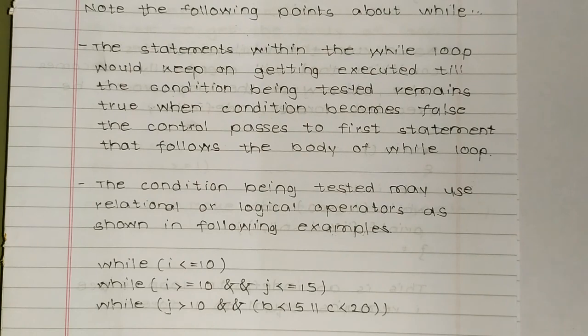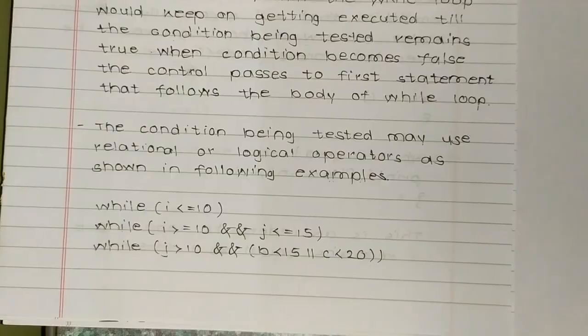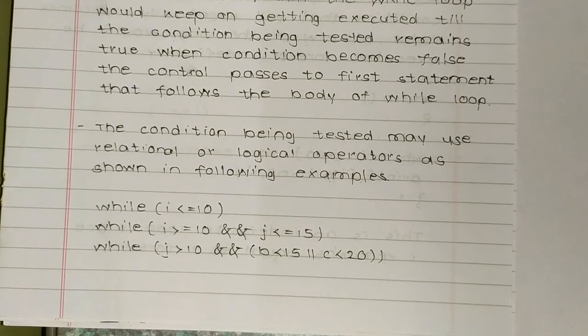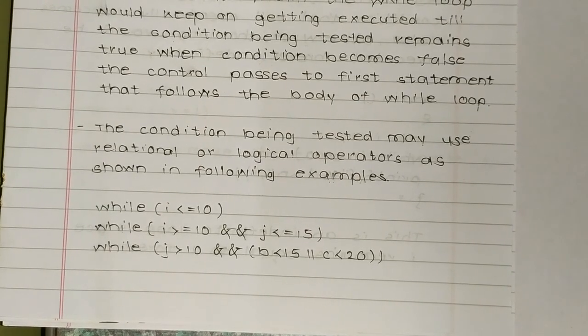Now the condition being tested may use relational or logical operators, as shown in the following examples. First is while i is less than or equal to 10, which means up to 10 we have to calculate.